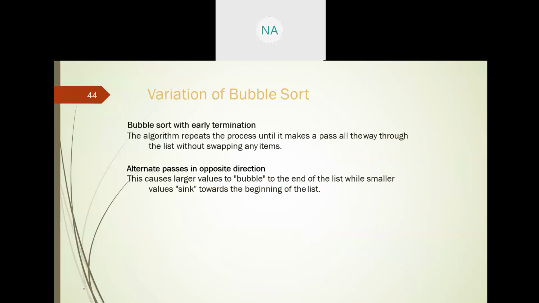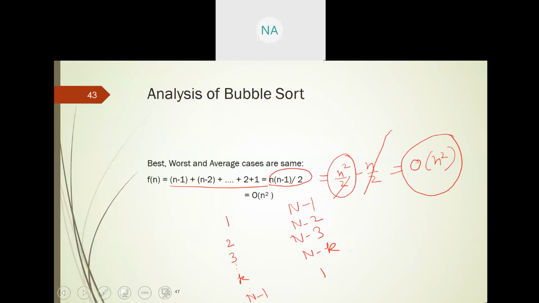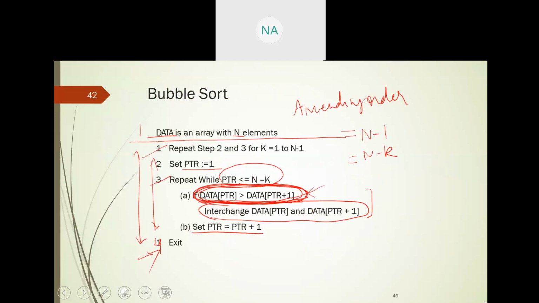Okay, so the first variation is called bubble sort with early termination. In the bubble sort, you see that the number of passes is n minus 1, even if the given array is already sorted. You can easily check if the array is already sorted in the inner loop of the bubble sort.